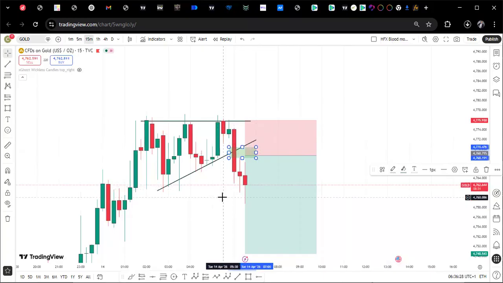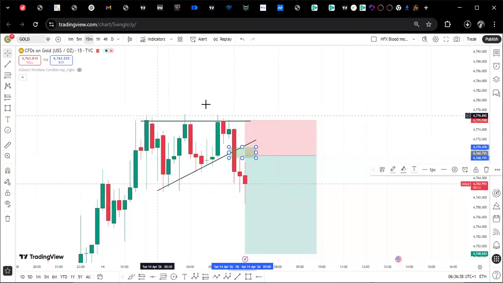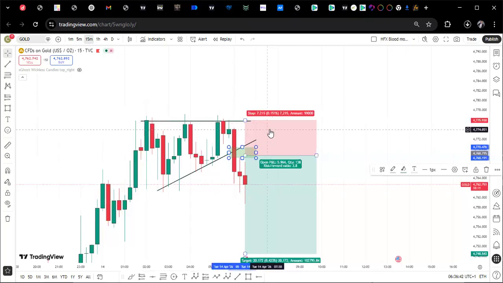So let's see if this one is going to be retested. If it breaks those equal highs, expect that it's going to push up further. If he breaks those highs, just know that we're expecting a bullish move.